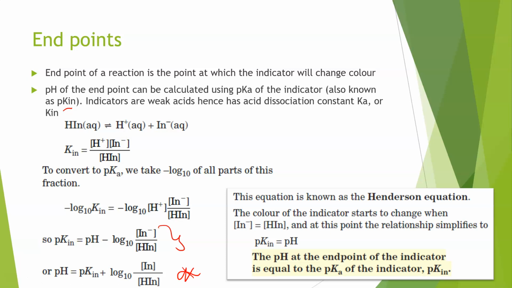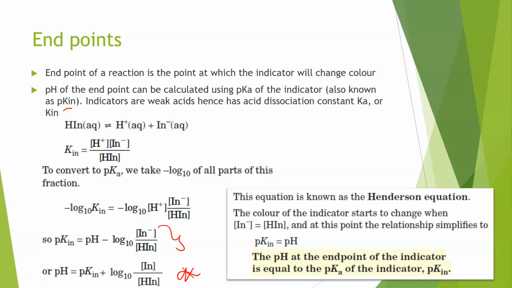This is the Henderson equation, and the color of the indicator is going to change when the indicator ion, In minus, the base, is equal to the HIn concentration. So when we are at this point, where the color starts to change, the relationship simply becomes pKIn is equal to pH.